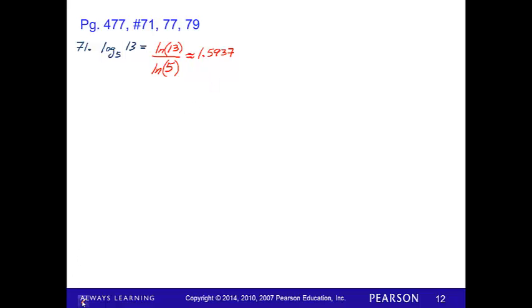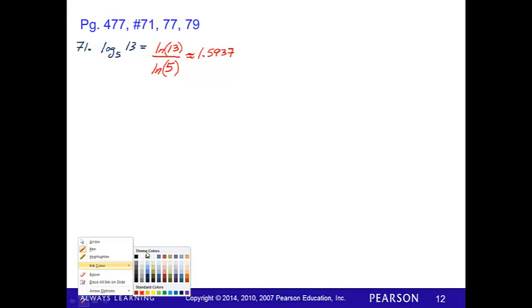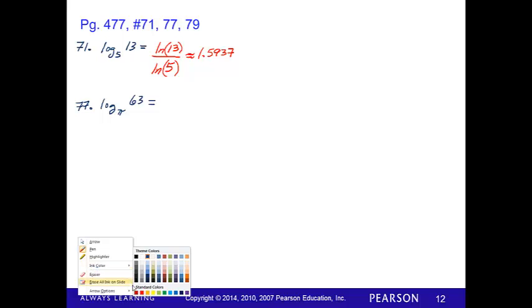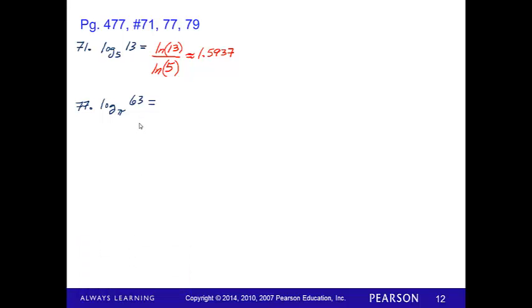Alright, let's look at number 77. So now it has log base pi of 63. Well, pi, it could be a base. Well, unfortunately, your calculator doesn't work in base pi, so what we're going to do is do a change of base. And again, I'm just going to use my natural log. So I have the natural log of 63 divided by the natural log of pi.